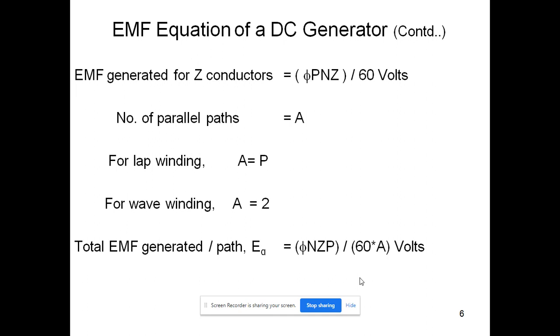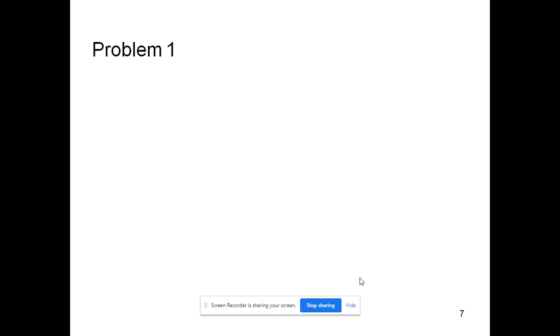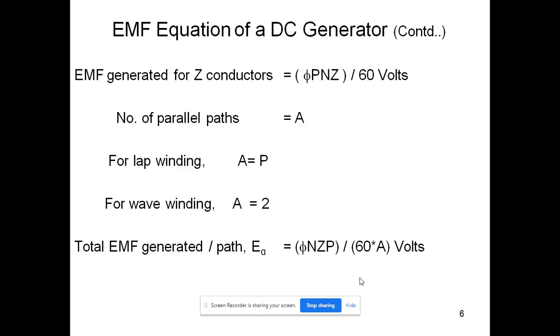So therefore the total EMF generated is given as ZNPΦ by 60A. If it is for wave winding, then A will be 2.